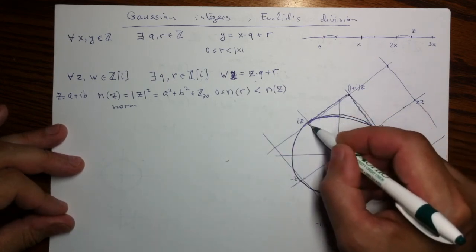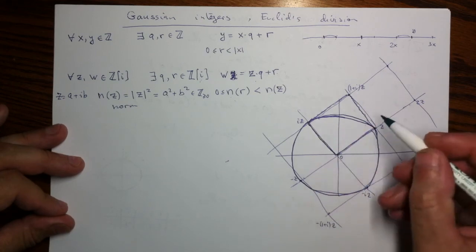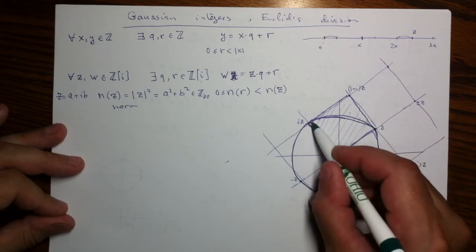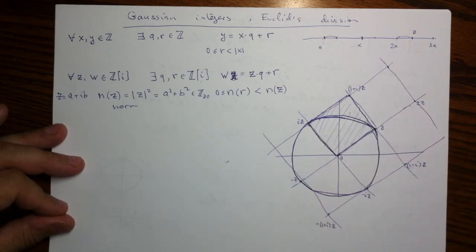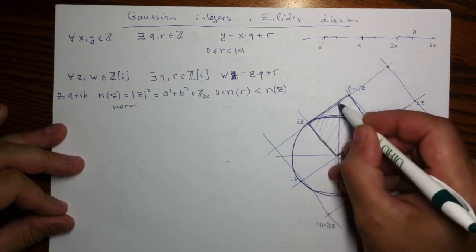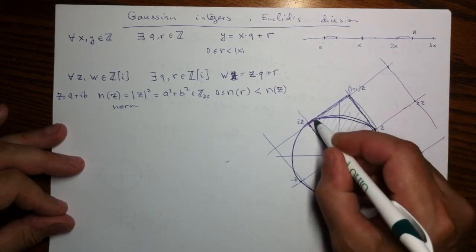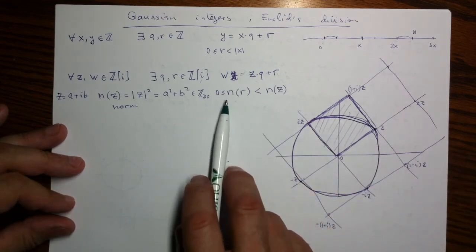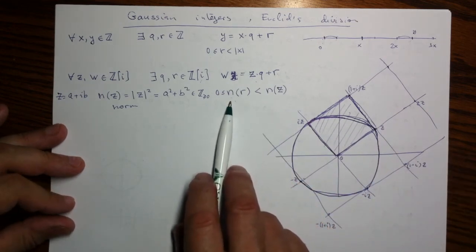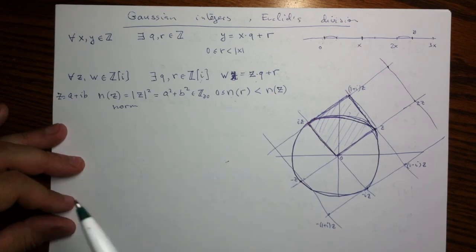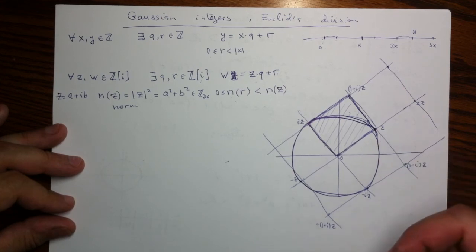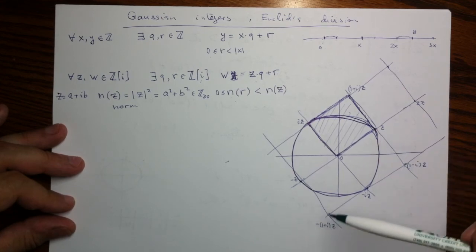Well, I have my remainders safely placed in this region, and a big chunk of it, more than half, is inside my circle, so I can treat them as remainders. But there is this region which is outside of the circle. So I cannot claim them to be remainders in the sense of this norm. The norm of them will be larger than the norm of that. But I still can do my translations.